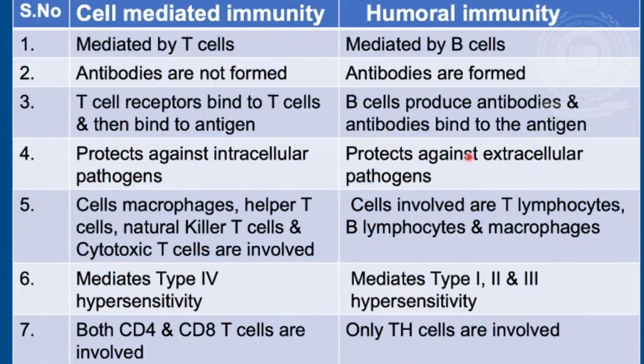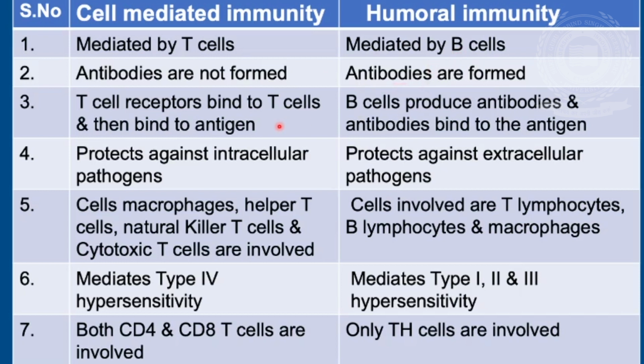Now, let's summarize the differences between cell-mediated immunity and humoral immunity. Cell-mediated immunity is mediated by T cells, while humoral immunity is mediated by B cells. Antibodies are not formed in cell-mediated immunity, while in humoral immunity antibodies are formed.